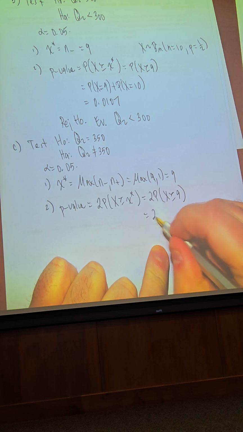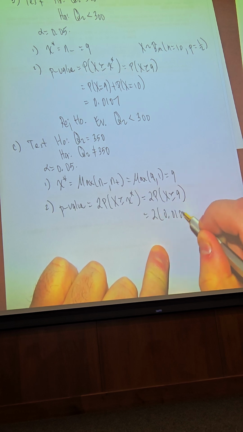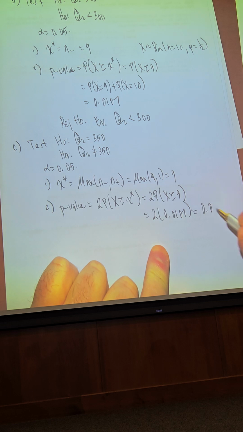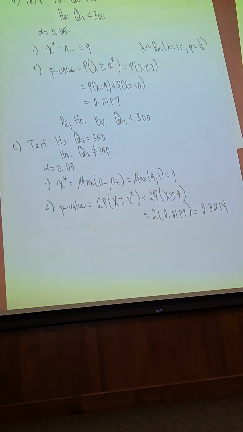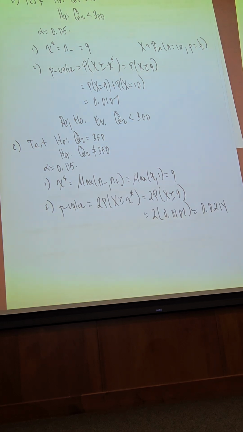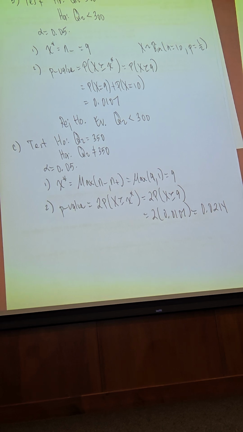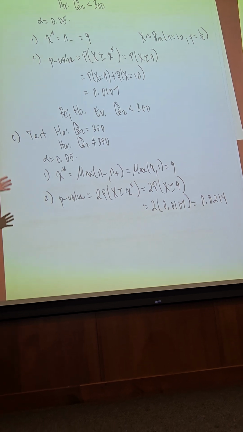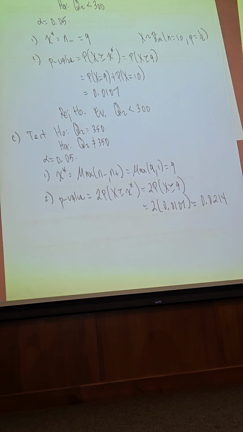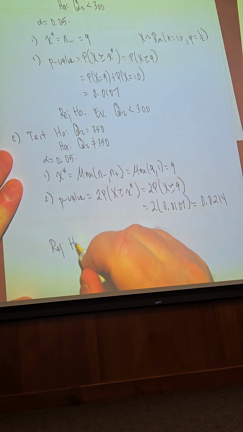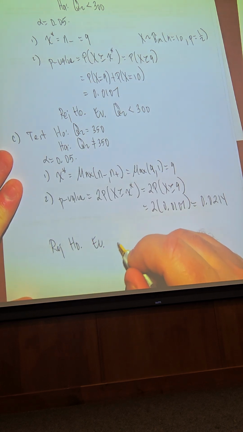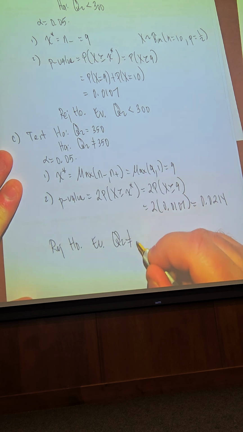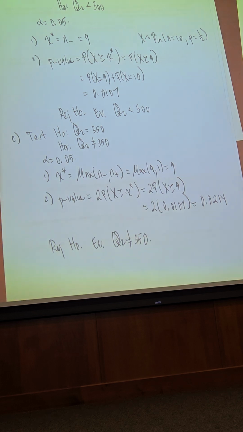So it's going to be 2 times 0.0107, which gives us 0.0214 for your p-value. Isn't that cute? Okay, tell me what to do. We have the p-value. Is my p-value less than alpha? Of course. What do we do again? We're going to reject the null hypothesis. Good. And again, we have evidence that the population median is not equal to 350.